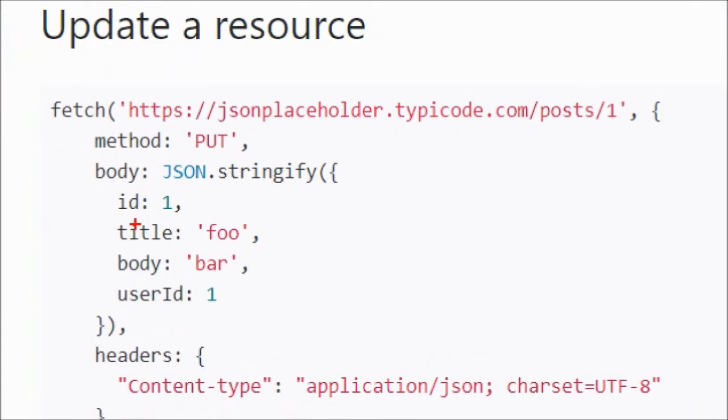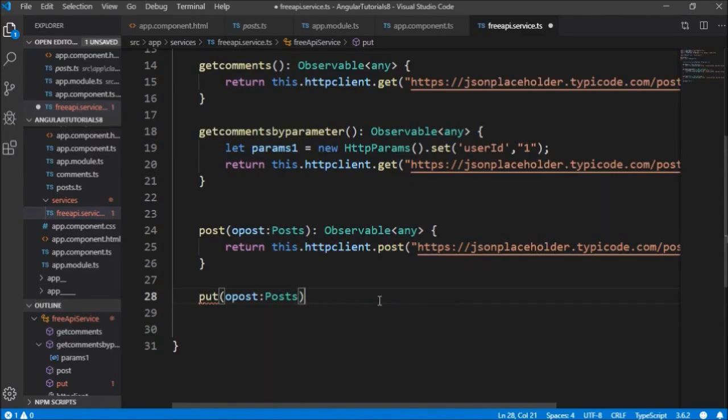It is accepting an object of this type, where ID is nothing but the ID which we have to update. So put, which will accept an object of type post and which returns Observable<any>. That's it.